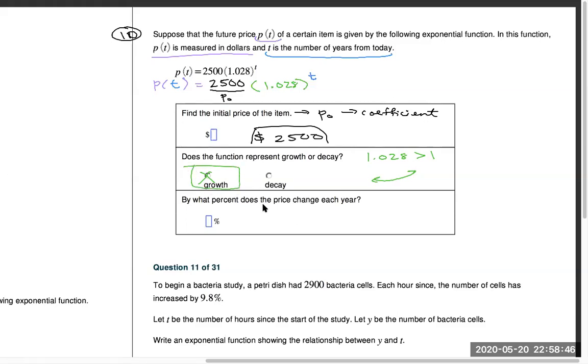By what percent does the price change each year? Essentially, what that part comes from is your 1 plus R. By what percent?